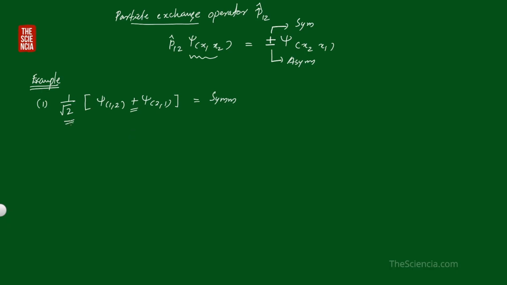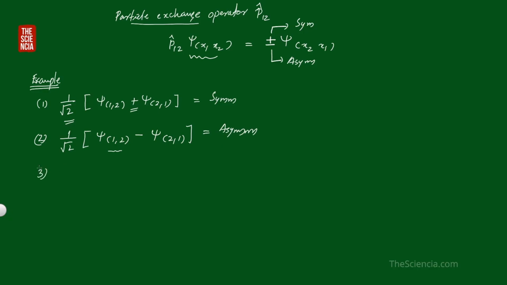And this is the normalization constant, that is 1 by root 2. Second one, 1 by root 2 psi 1 2. Now I am using the particle exchange operator, so it becomes psi 2 1. But when this particle exchange operator is operated on the state, it becomes negative. That means it is an asymmetric wave function.